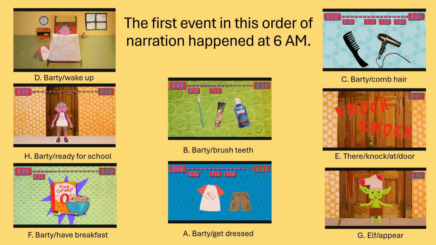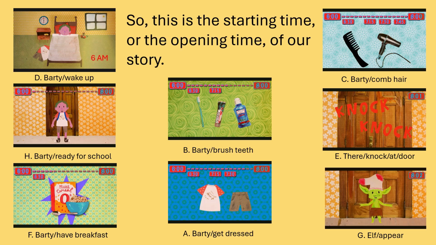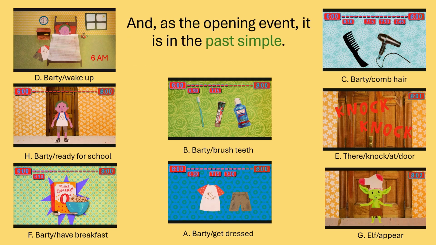The first event in this order of narration happened at 6 a.m. So this is the starting time or the opening time of our story. And as the opening event, it is in the past simple. Barty woke up.